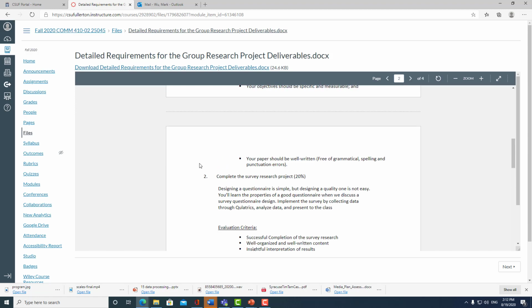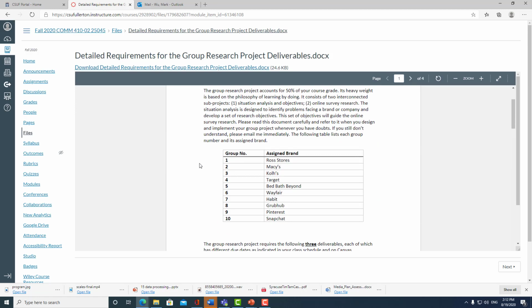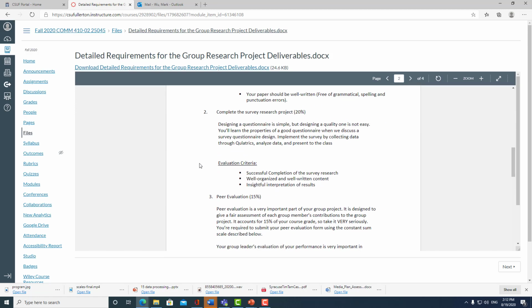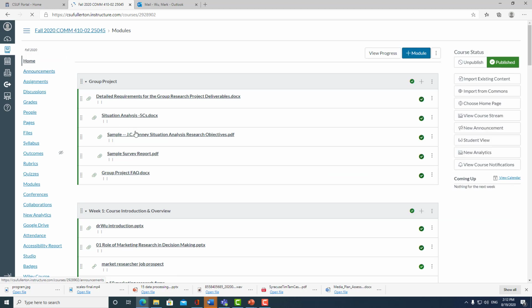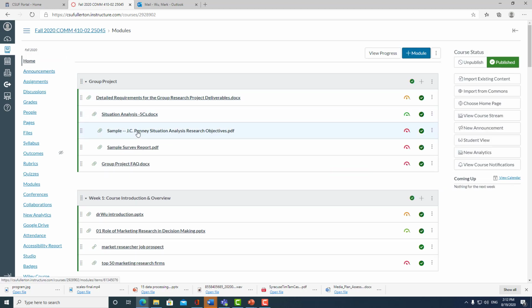Talking about the paper, if you go back to our home page here, I have two sample papers for you to take a look at how it is done, and these two papers received an A. You can take a look at how they are written, the organization, everything.